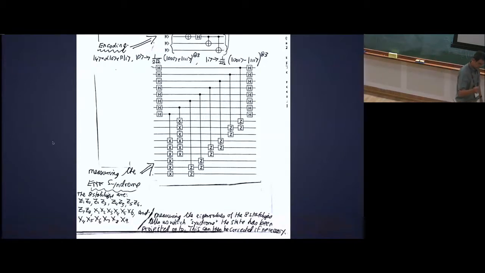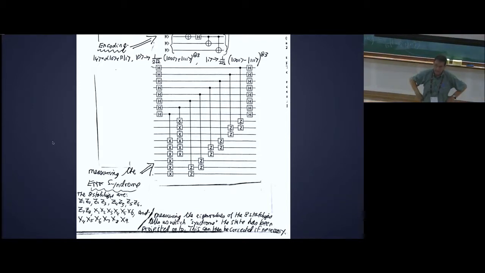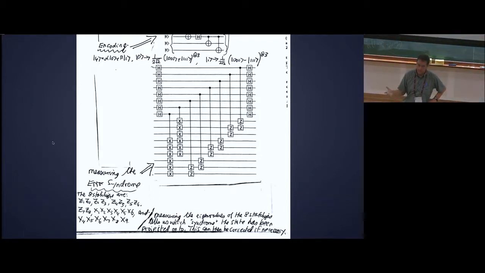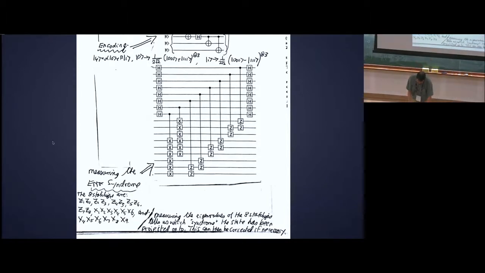Of course, you can tell it's redundant because 2 to the 8 possibilities of plus or minus 1 eigenvalues is what, 256? But there's only 9 times 3 plus 1, 28 states. So there's clearly a lot of redundancy, and there are others which are more efficient, but this has a structure to it which I think is appealing.